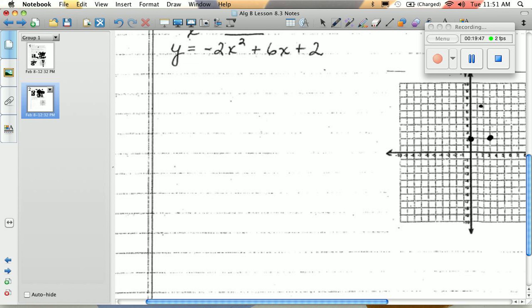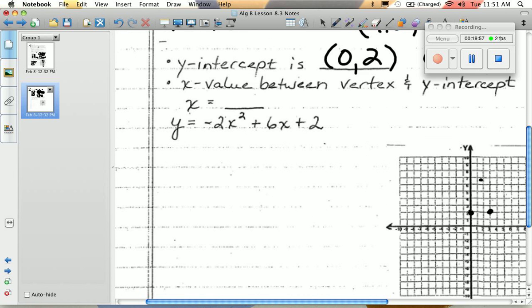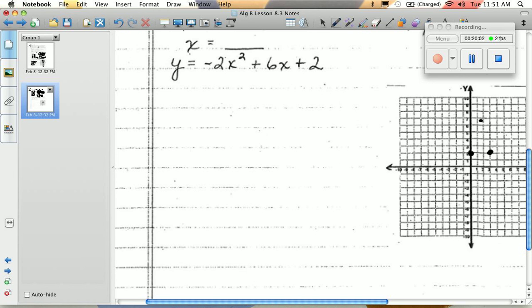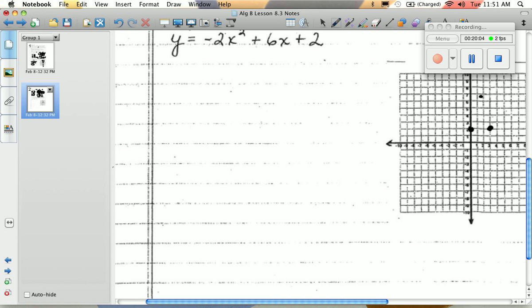That's good news. Now we want an x value that will help us get another point. Instead of finding one in between like I suggested, I want you to know you don't always have to. Let's pick one that's not. How about we try when x is equal to -1?